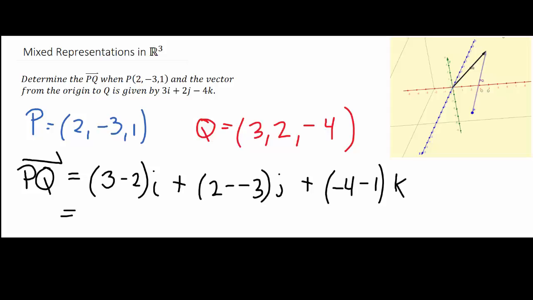So my vector PQ will be 1I plus 5J minus 5k. Now we have the vector pq defined by the point P and the vector q given by 3i plus 2j minus 4k.